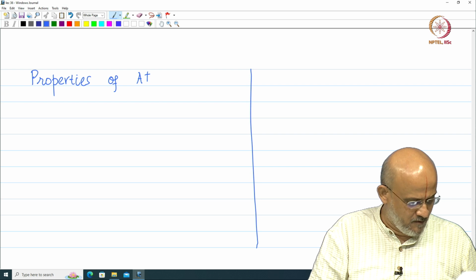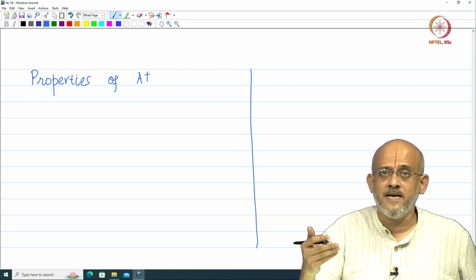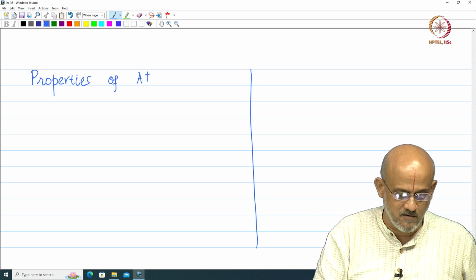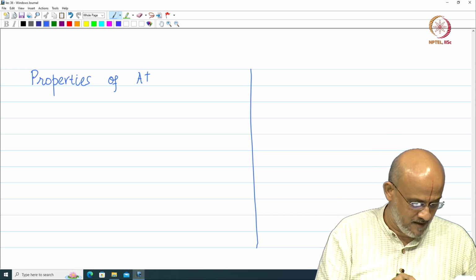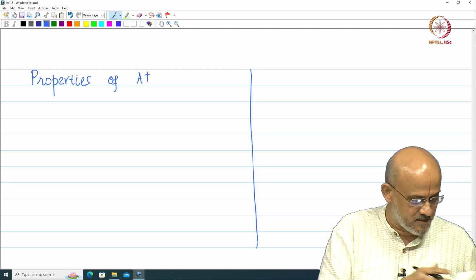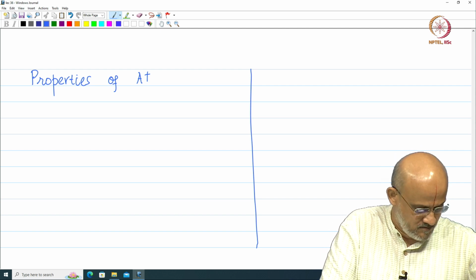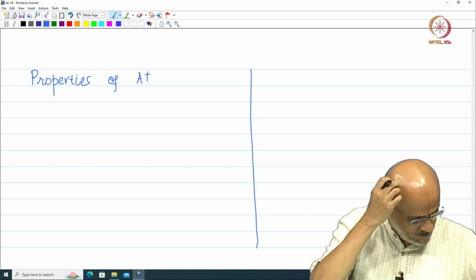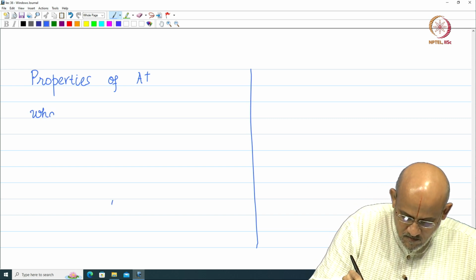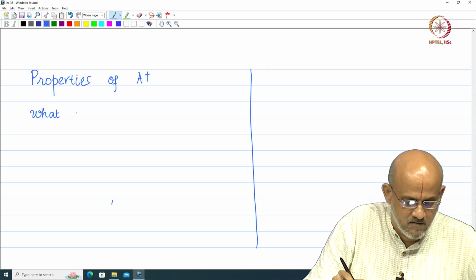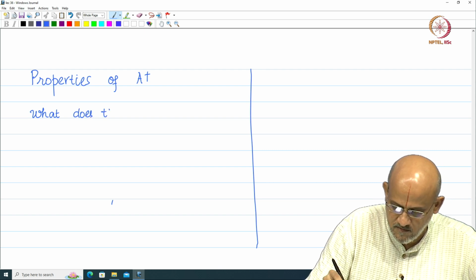So, the first thing that we want to see is what is A into A dagger into A. Let us look at that, and what is A dagger into A dagger. So, we are going to look at both those properties. What does this product boil down to?